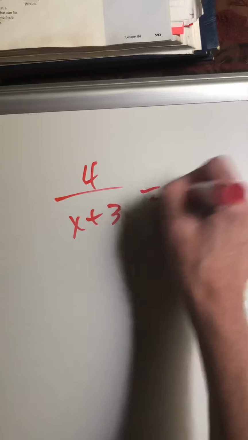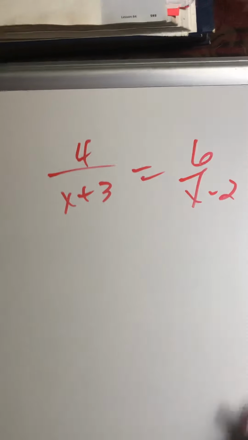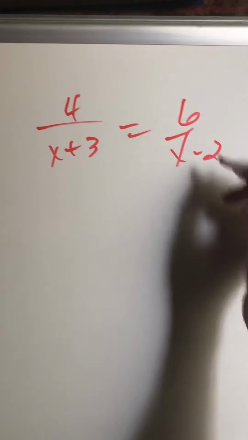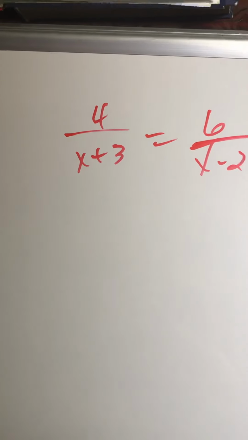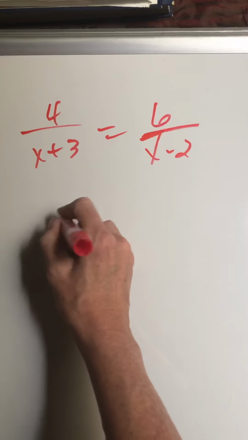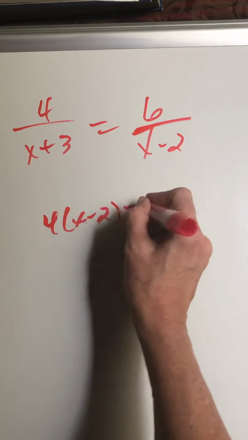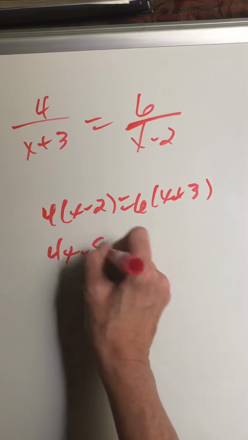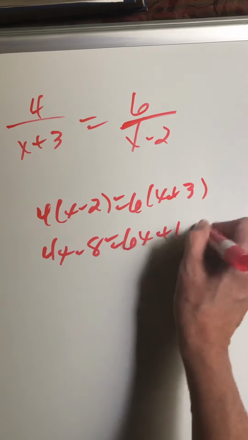So let's try another one, hopefully that has a solution. I've got 4 over x plus 3 equals 6 over x minus 2. Just make sure you pay attention to what I'm doing on the notes. That's going to be 4 times x minus 2 equals 6 times x plus 3. So it's 4x minus 8 equals 6x plus 18.